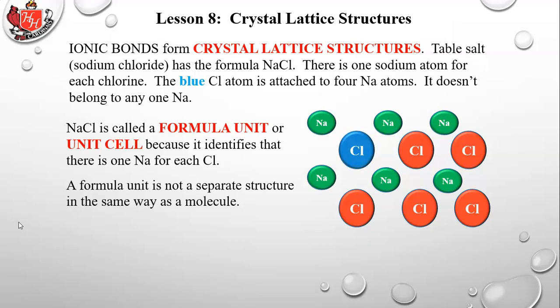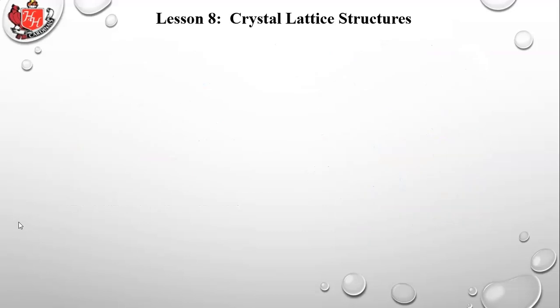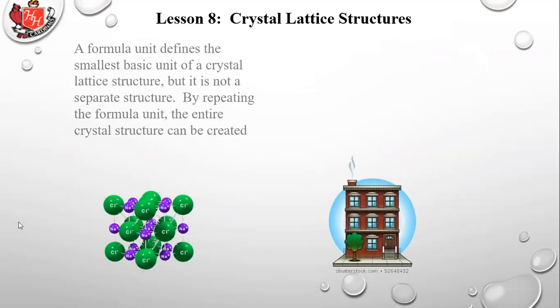They're kind of stuck in that formation. So there's that Cl in blue that we were talking about. It's attached to those 4 Nas. So it doesn't belong to any one of the Nas. It belongs to all of them equally. A formula unit defines the smallest basic unit of a crystal lattice structure, but it is not a separate structure. By repeating a formula unit, the entire crystal structure can be created.